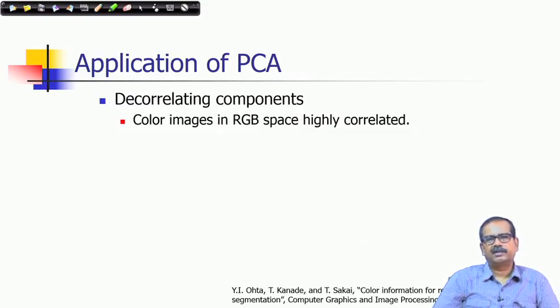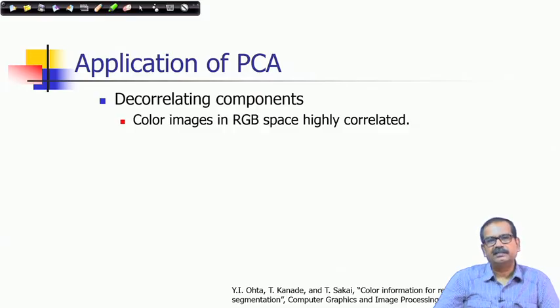One application of this property is that you can find a new color space. You know that when color images are represented in RGB color space, the components are highly correlated. There is work, and I have given the reference here, done by Ota, Kanade and Sakai.